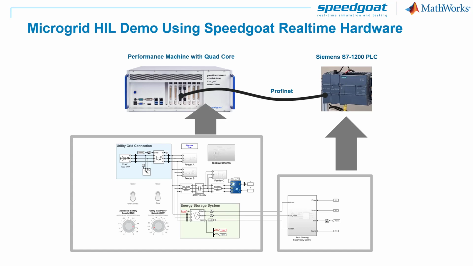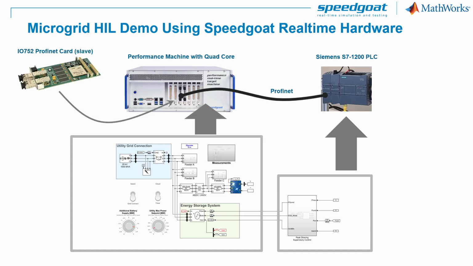Depending on your application, you can also add different Speedgoat I/O cards like analog I/O, digital I/O if needed. In this demo, to simplify it, I'm passing all the I/O signals through Profinet communication. The Profinet I/O board I'm using is Speedgoat's IO752 card.